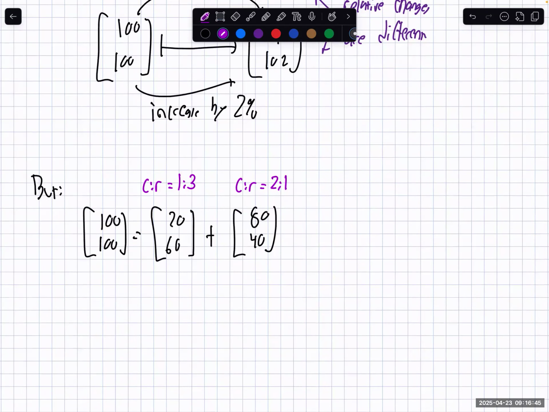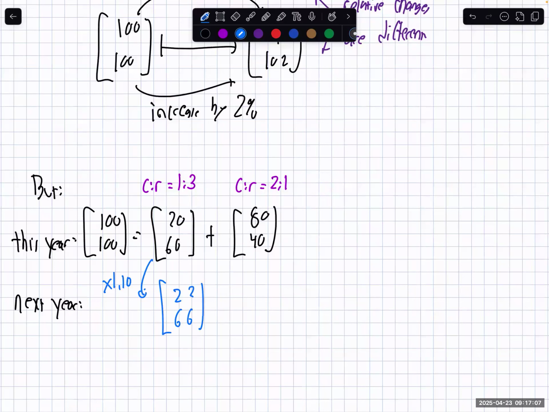And here, this coyote to roadrunner ratio is 2:1. So when I've got that 1:3 ratio, each population increases by 10%.